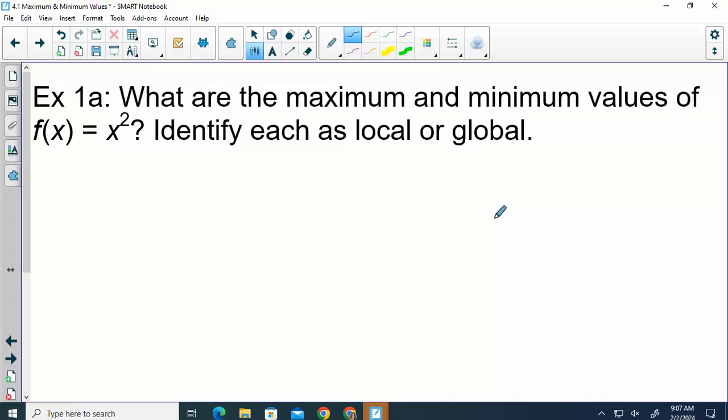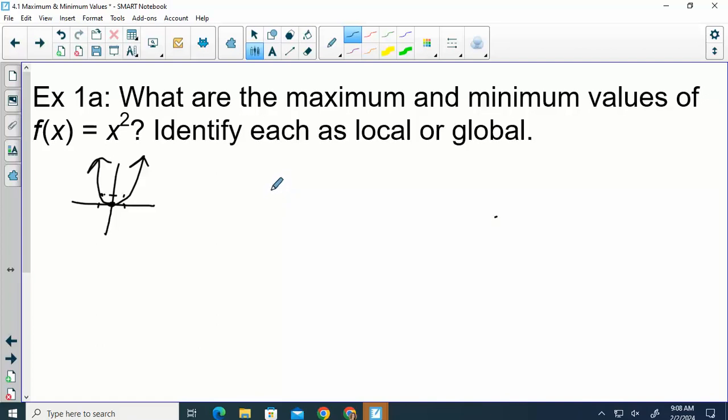Alright, so let's think about x squared. What does the graph of x squared look like? It's a parabola: 0 squared is 0, 1 squared is 1, negative 1 squared is 1. You have an idea what it looks like. Any maximums and minimums? It keeps going forever, so do we have any maximums at all?